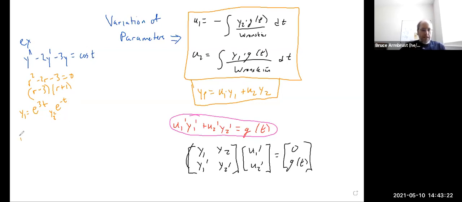Okay, so let's build our Wronskian matrix. So there's our Wronskian. Again, we just put in y1 and y2 and then take their derivatives. So the determinant of that, because we definitely need the determinant, is minus 4 e to the 2t.